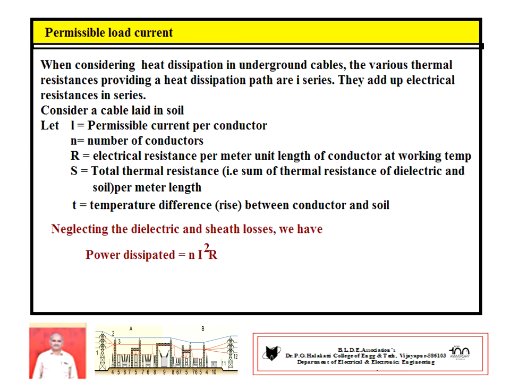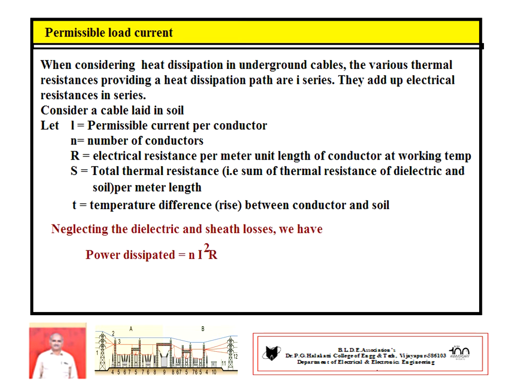Let I be the permissible current per conductor, N the number of conductors, and R the electrical resistance. S is the total thermal resistance, that is the sum of thermal resistance of dielectric and soil per meter length. T is the temperature difference between conductor and soil.